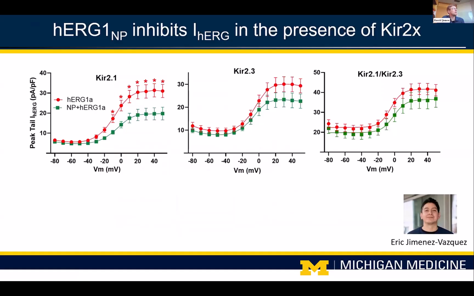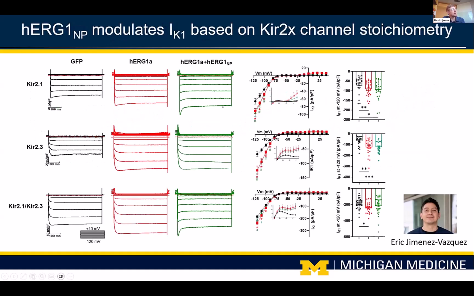But when we dove a little bit deeper, we also noticed in the same cells, if we look at the hERG current, the nuclear polypeptide was disrupting the hERG current. And hERG-MP is making the hERG current smaller while also enhancing the size of the IK1.